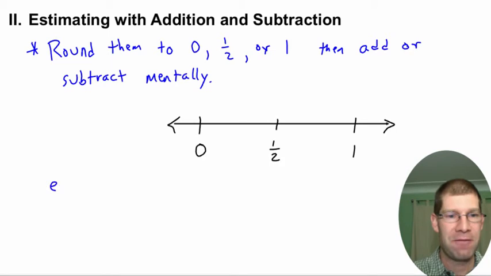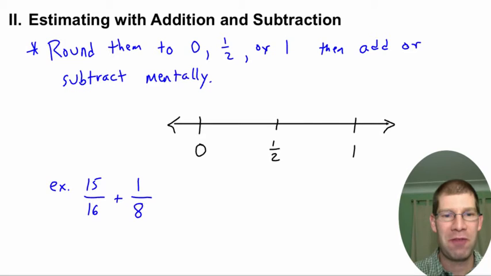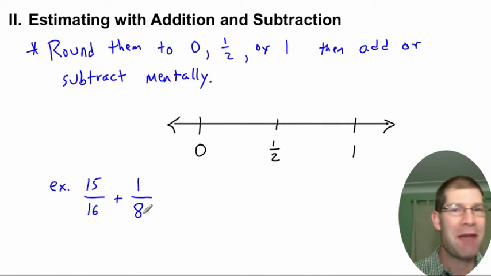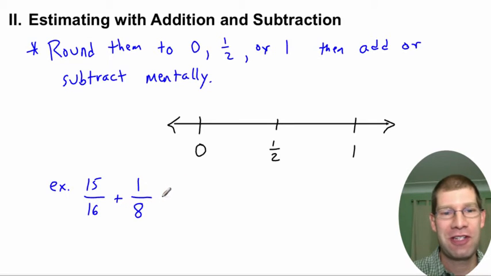My first example is 15/16 plus 1/8. For many of you that might jump off the page, like, oh, it'd be easy to get common denominators, I can do this, and some of you already know the answer in your head. But if we're just going to try to estimate it, this 15/16, we have to say we broke this 1 up into 16 parts.